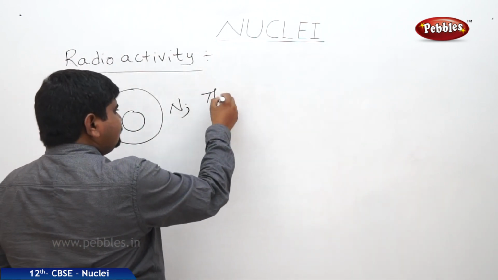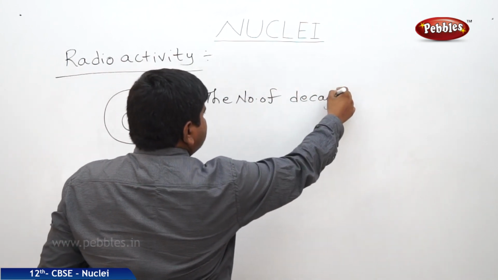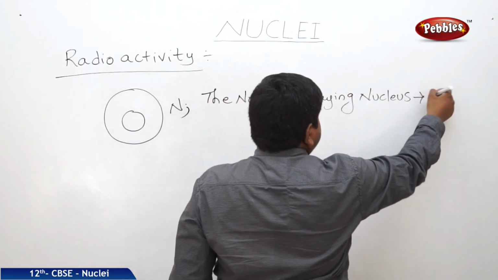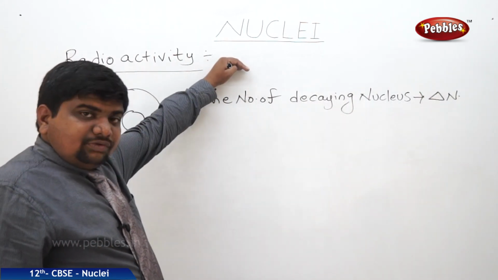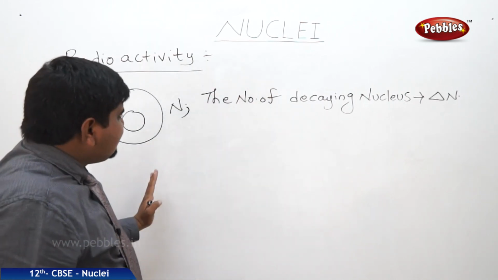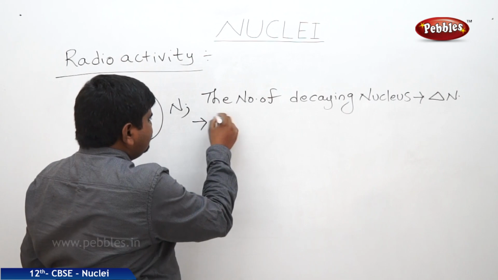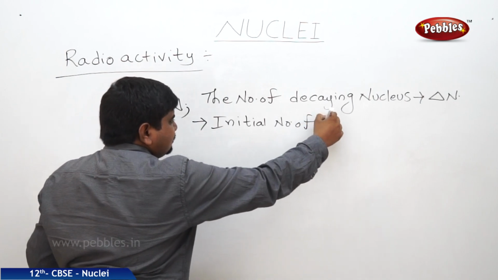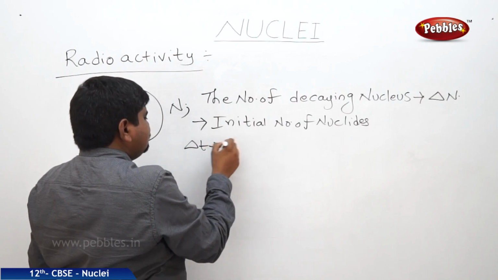The number of decaying nuclei is delta N. The number of nuclei decaying per unit time is directly proportional to the number of nuclides present initially. So N is equal to the initial number of nuclides, where delta t is equal to unit time.